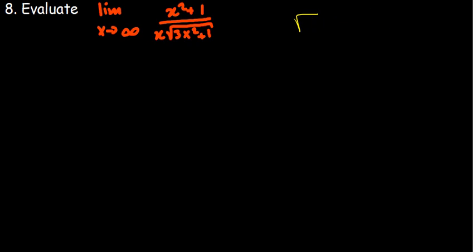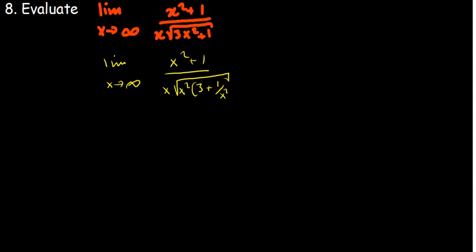I'm going to factorize out x. So this will give us the limit as x approaches infinity. On top we are going to have x squared plus 1. Down we are going to have x. In the root, I'm going to factorize out x squared. If I factorize out x squared here, I'll remain with 3. If I factorize out x squared here, I'll remain with 1 over x squared.